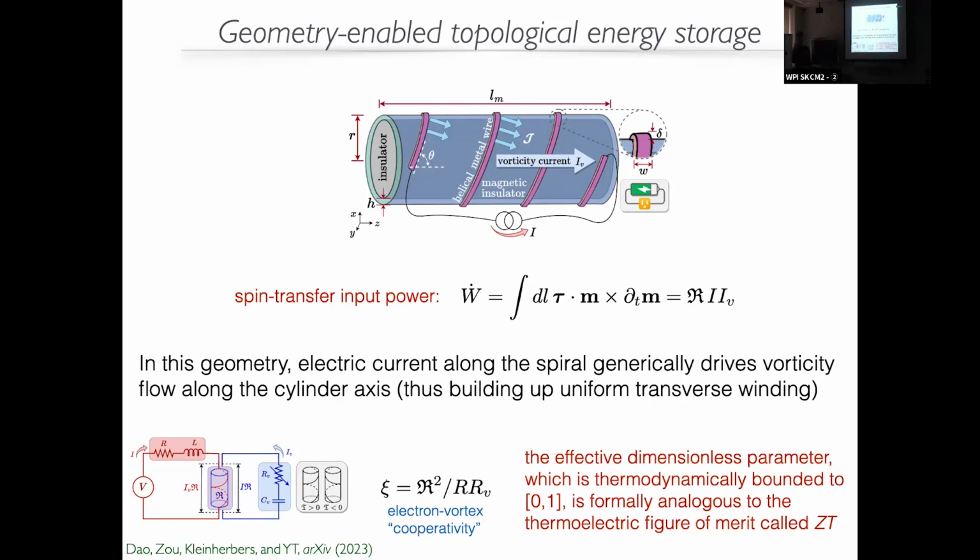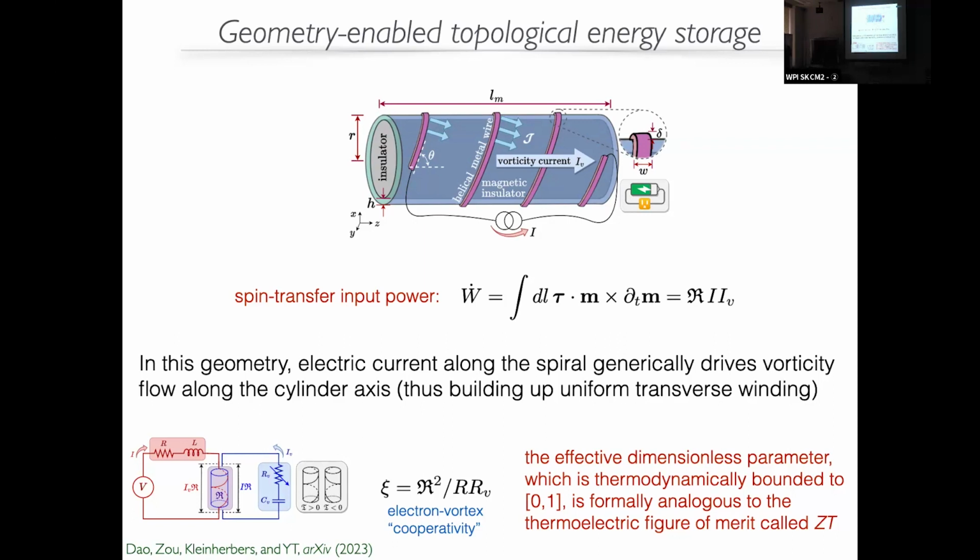Now imagine for a second that the right-hand side of this expression boils down to something where R is just some phenomenological, proportionality coefficient. So this expression boils down to the product between the electrical current I and the vorticity current I sub V. Then from the point of view of the electrical current, this work appears as a voltage source.